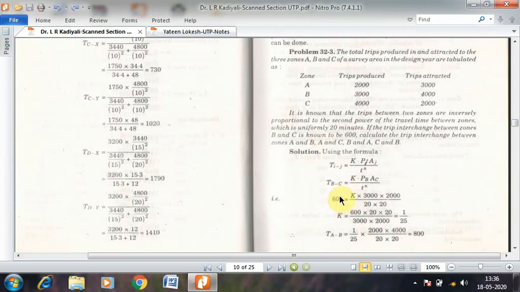So 600 is already given in the problem. P_B, considering B and C, B is the origin, C is the destination.